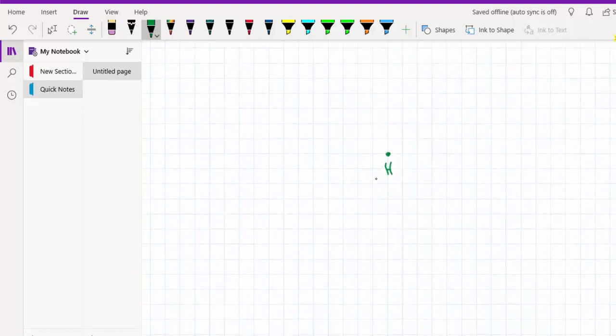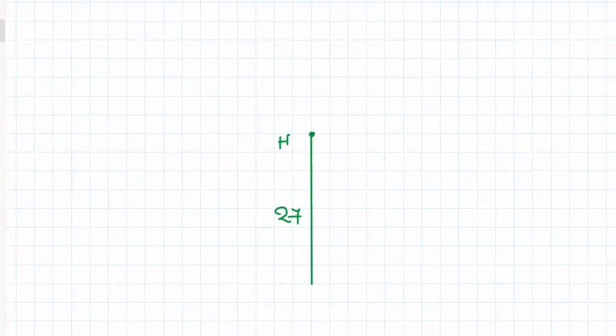South is down, so let's write H here. The first bee goes down 27 meters, so it will be something like this. This line is 27 meters.